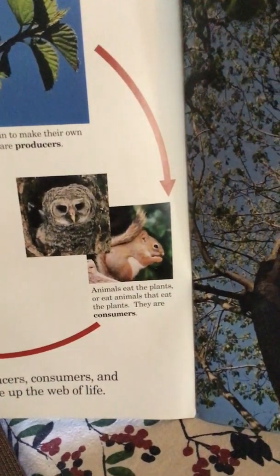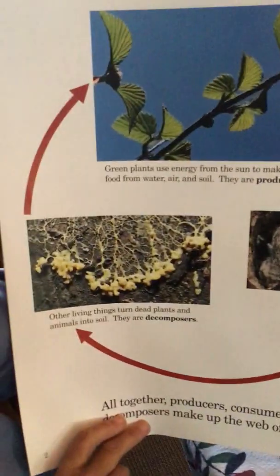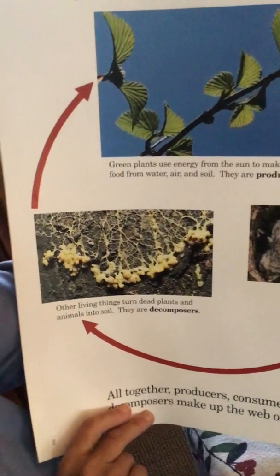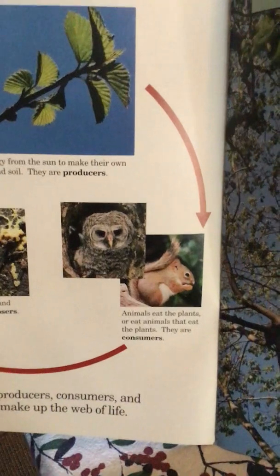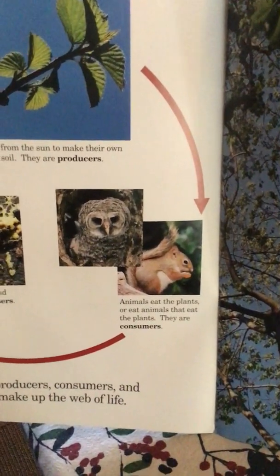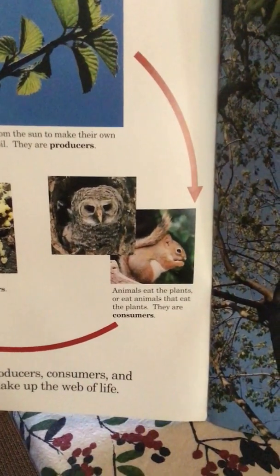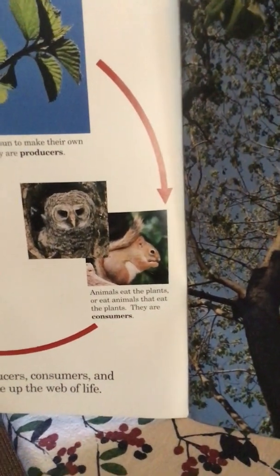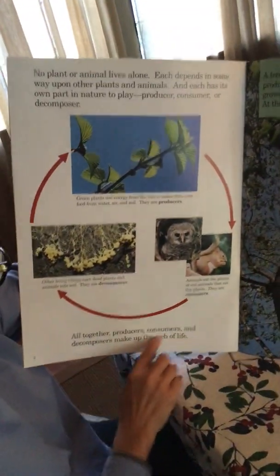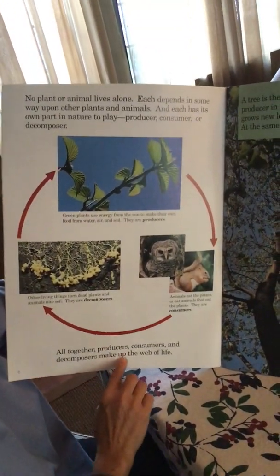Other living things turn dead plants and animals into soil. They are decomposers. Animals eat the plants, or animals that eat the plants, or eat animals that eat the plants. They are consumers. Altogether, producers, consumers, and decomposers make up the web of life.